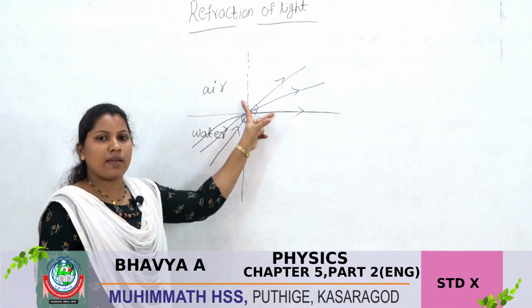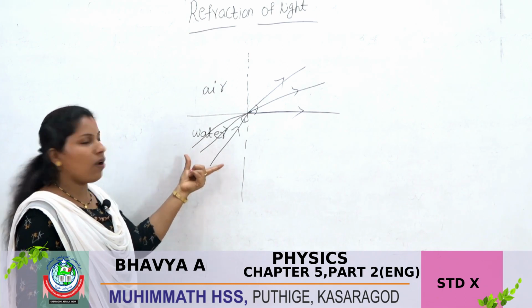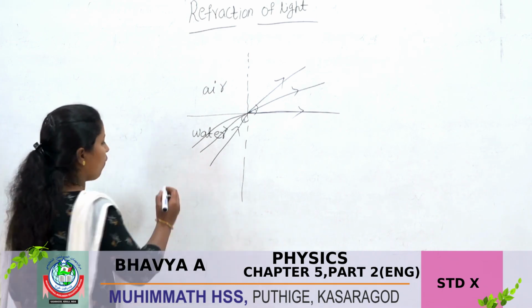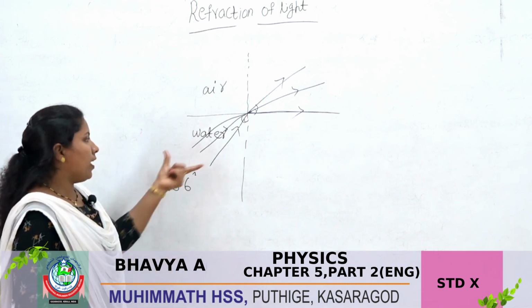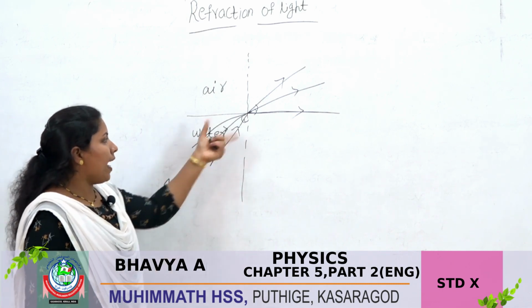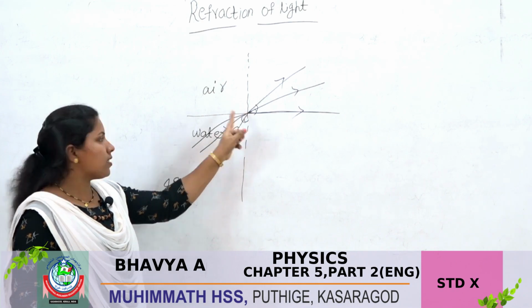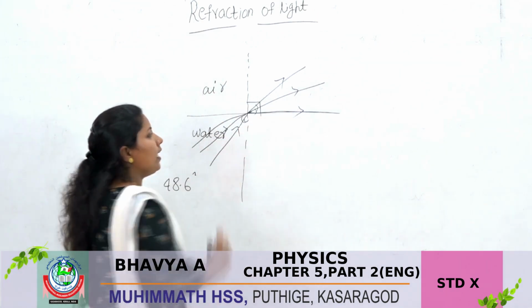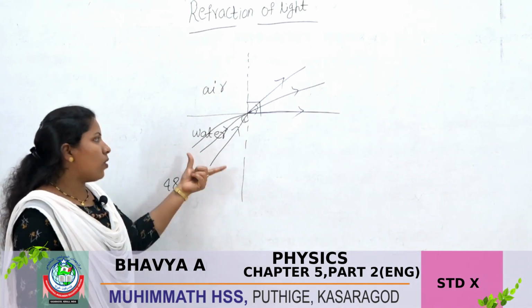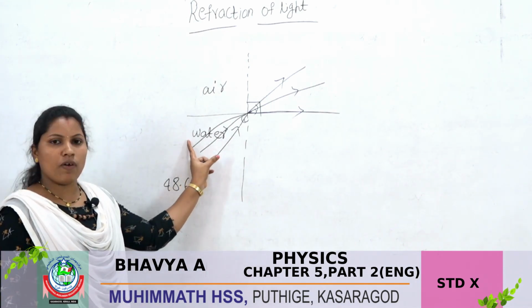At that time, the angle is the critical angle. The critical angle of water is 48.6 degrees. If the angle is 48.6 degrees, the refracted angle becomes 90 degrees. This is called the critical angle of water.